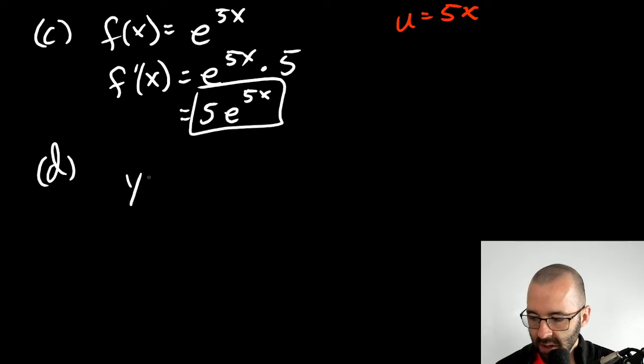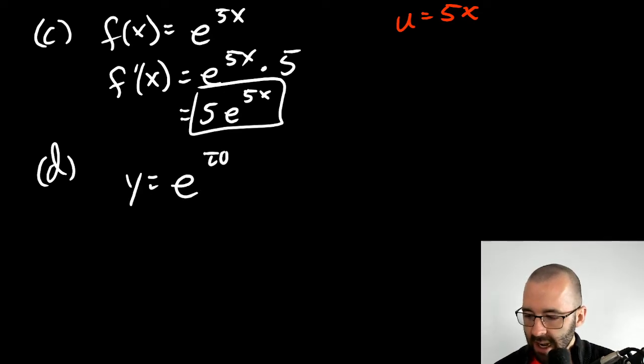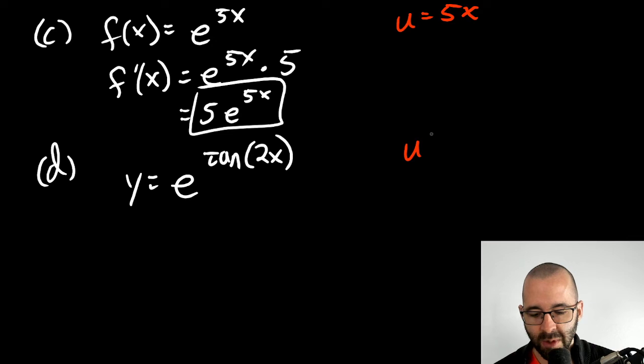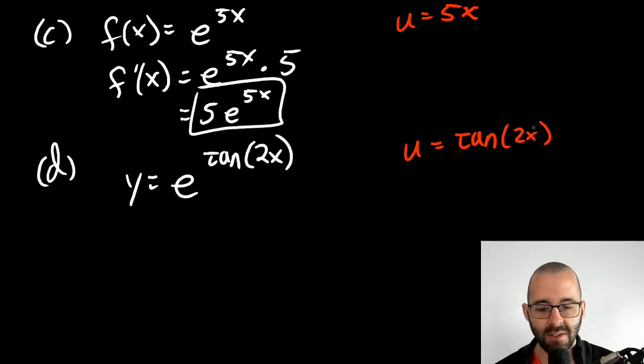Let's do another one. y equals e to the tangent of 2x. We can get this much more involved. This one, let's definitely do it off to the side, right? Our inside function, what is inside of our exponential function, is tangent of 2x. What's the derivative of our inside?